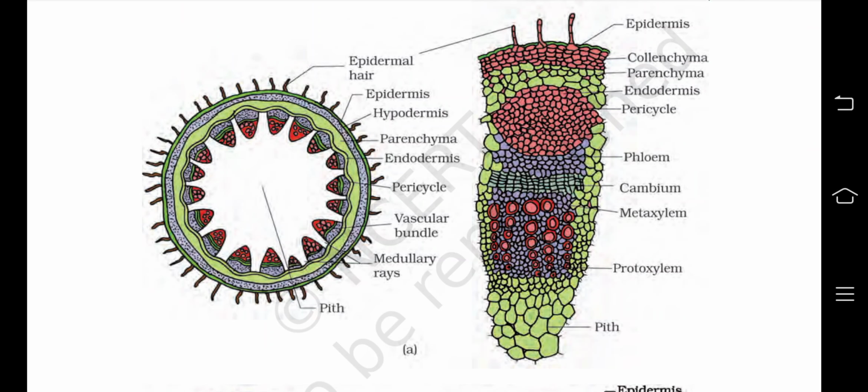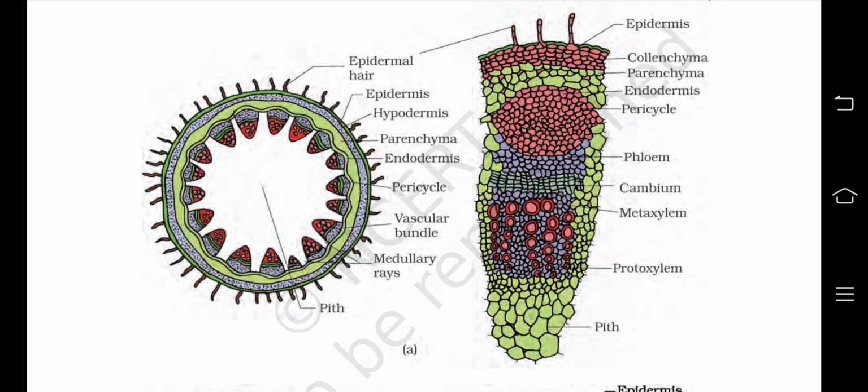Then comes the pith. Pith is a large number of rounded parenchyma cells with large intercellular spaces. So here we end this transverse section of a dicot stem.